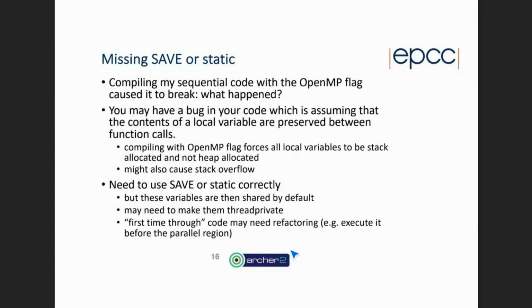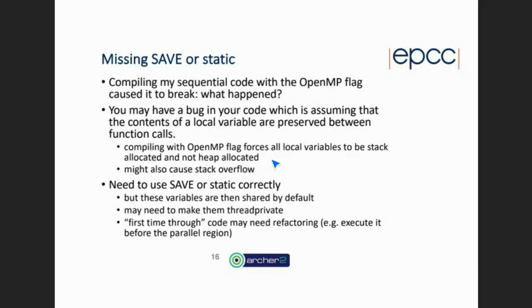So what's going on here is that if you compile with OpenMP, then you are forcing all local variables to be stack allocated and not heap allocated. In general, if it's just sequential code, the compiler has a choice as to whether it does stack or heap allocation.